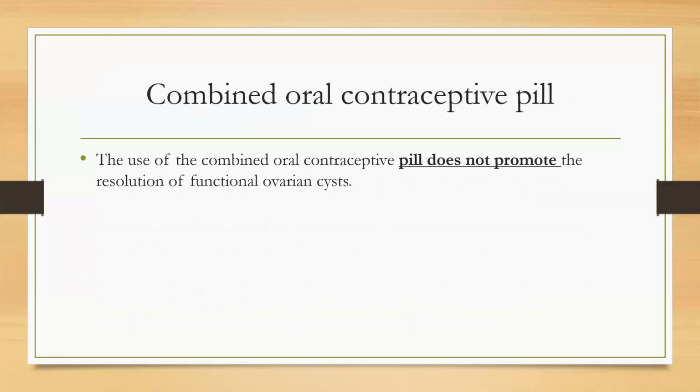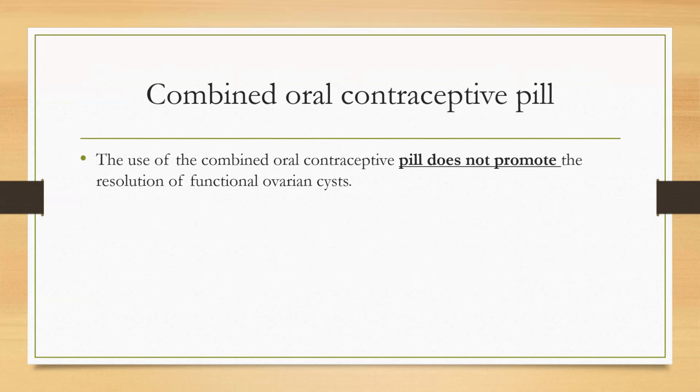Okay, combined oral contraceptive pill. We used to think that if there is a simple ovarian cyst, we will give the combined oral contraceptive pill for 3 months and repeat, and it will go away. No, there is no role of combined oral contraceptive pill, because if it's benign and small, it can go on its own. You don't have to give the contraceptive pill.